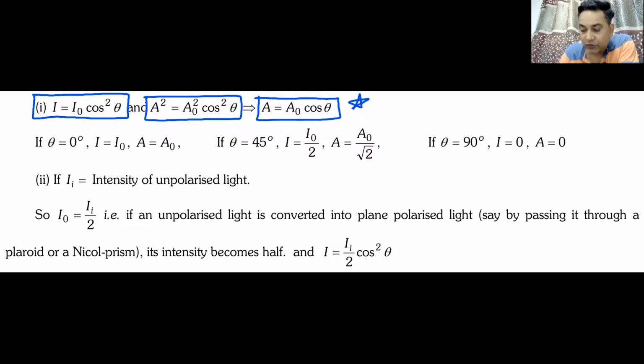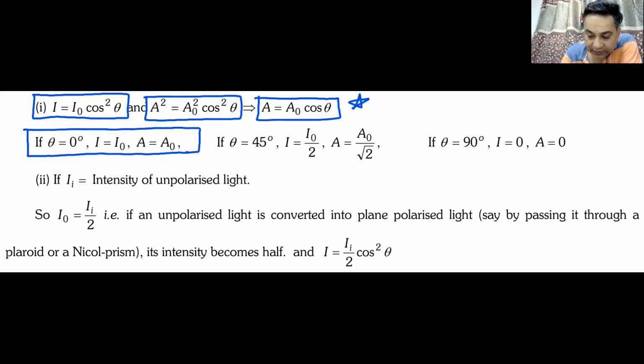Very important point. Do we understand this? Yes, sir. Now different cases. Case number 1: if angle theta is 0, the intensity remains the same, the amplitude remains the same, as I told you in the diagram there. Do we remember this diagram where the angle was 0?